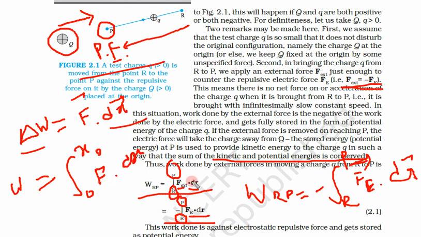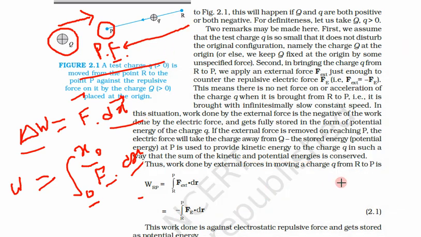Similarly here, instead of moving from 0 to x naught, we are moving from R to P. F is replaced by the electrostatic force, and dx is replaced by simply dr, a very small distance. So in a way, we can calculate the work done in moving this charge from R to P.